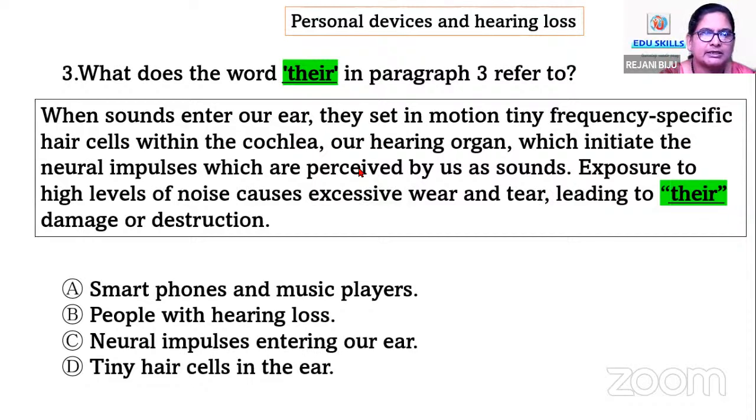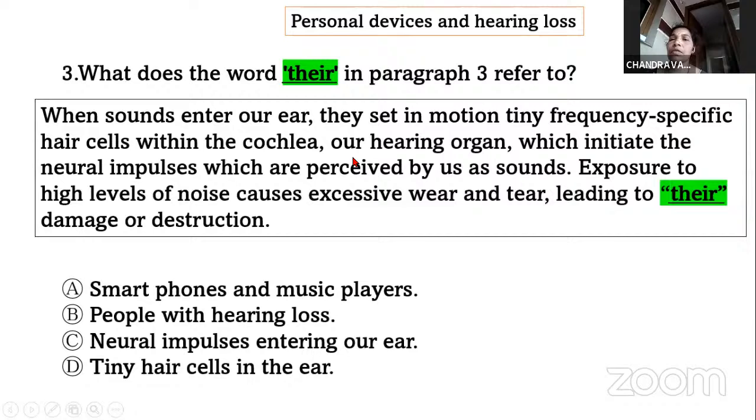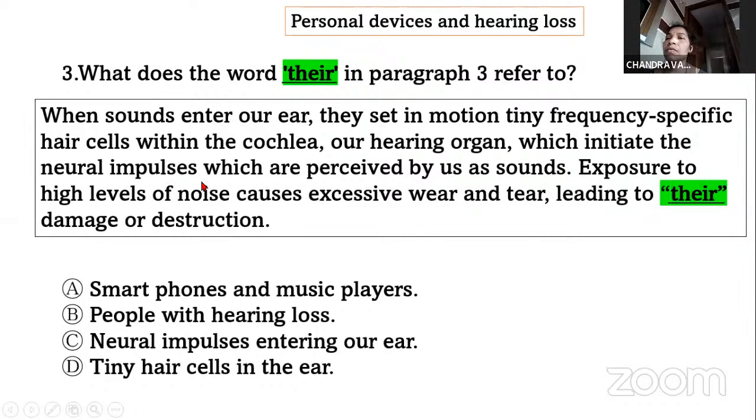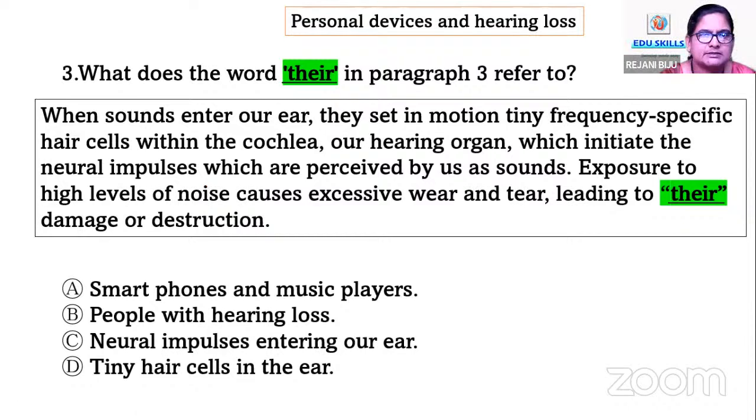Okay, here you know that we call it subject to complement. It is telling about our hearing organ, the complement regarding the particular word cochlea here. Cochlea, you know, is an organ or part in the ear. Okay, so once again we'll read by avoiding this part. They set in motion tiny frequency specific hair cells within the cochlea which initiate the neural impulses which are perceived by us as sounds.